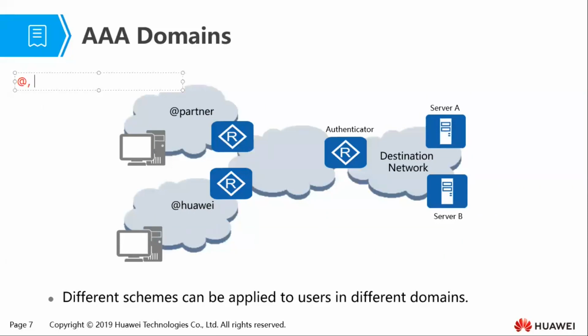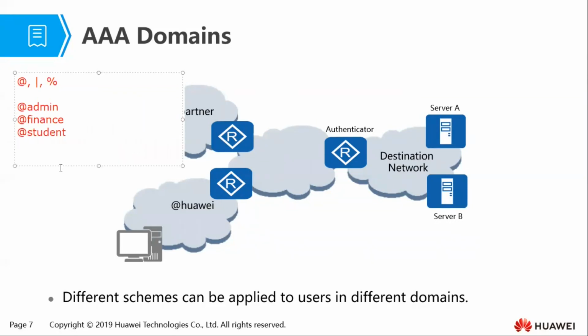So you can either use an @ or a pipe symbol or a percentage, like that. So for example, you can create a domain like admin, a domain like finance, a domain like student, like that. So that is how we create domains.